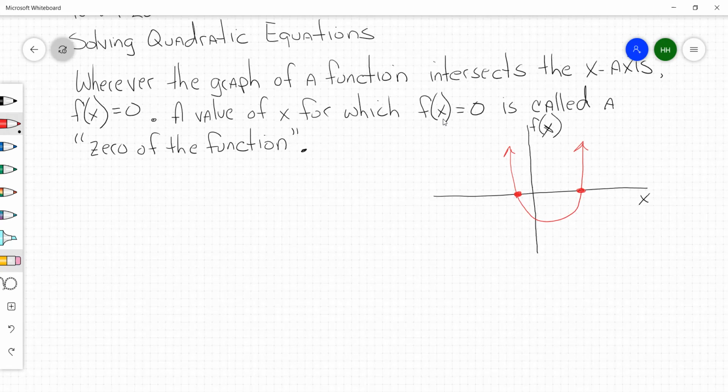Both of these points have a y value of 0 or an f of x value of 0. So these points here and here are called zeros of the function.